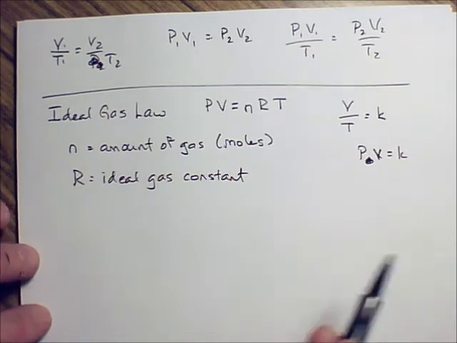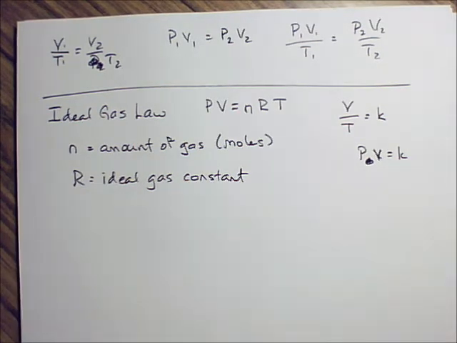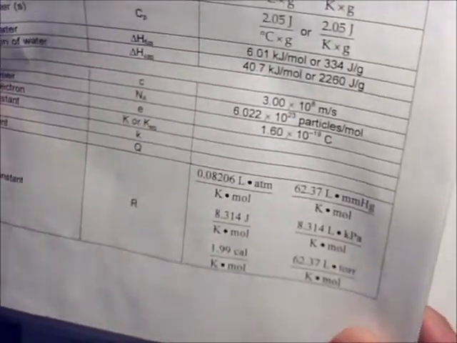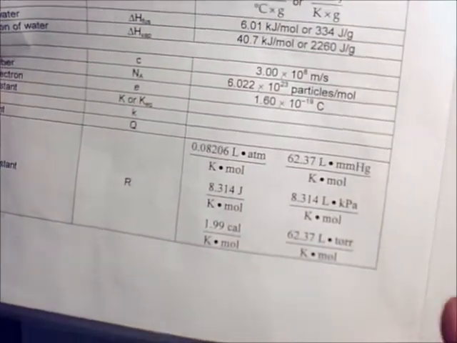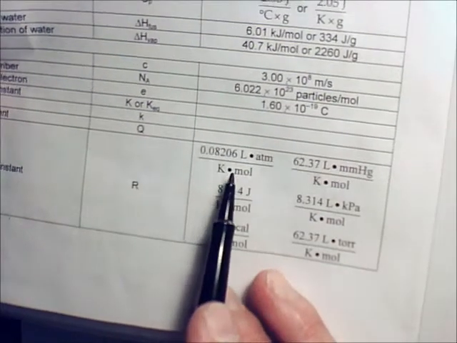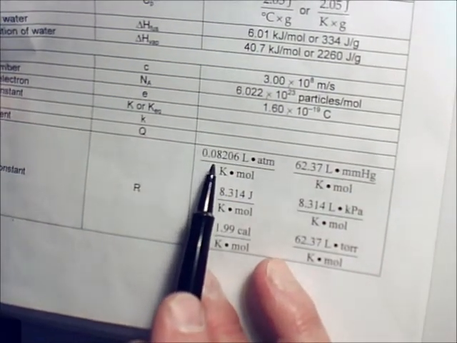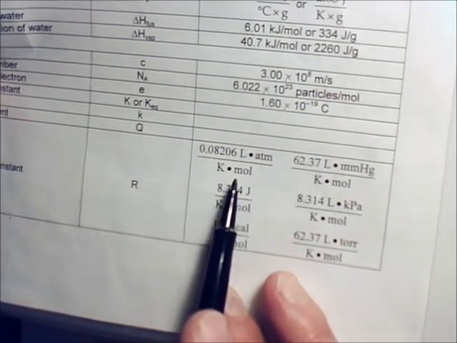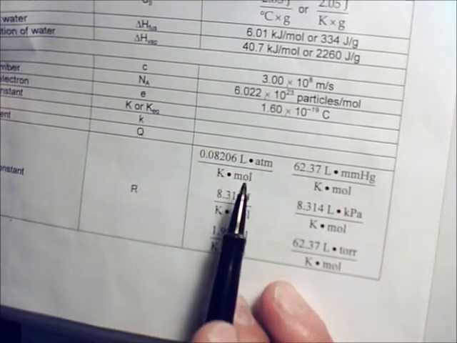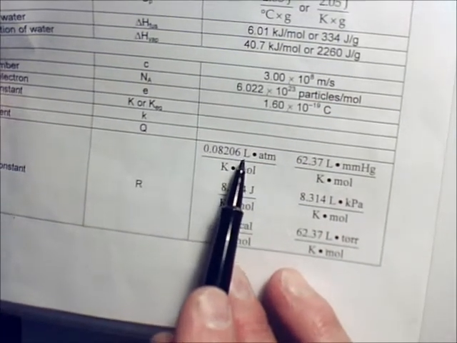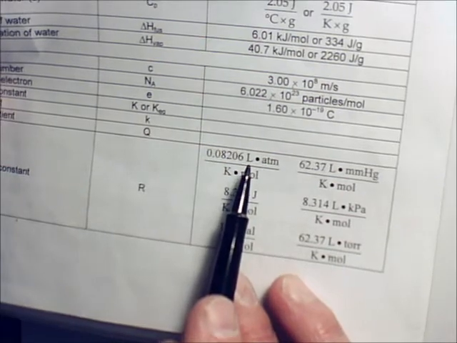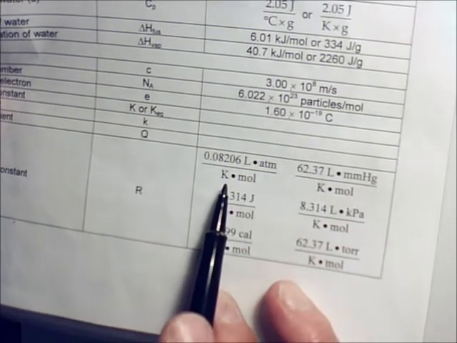So, now, here's something that students tend to mess up on a lot. So let me give you a heads up about this. What I'm going to tell you, don't do. What students will do is they'll look and say, okay, this is 0.08206 liters, atmospheres, Kelvin, moles. And they'll plug into this fraction their volume of gas and their pressure of gas and the Kelvin and the moles.